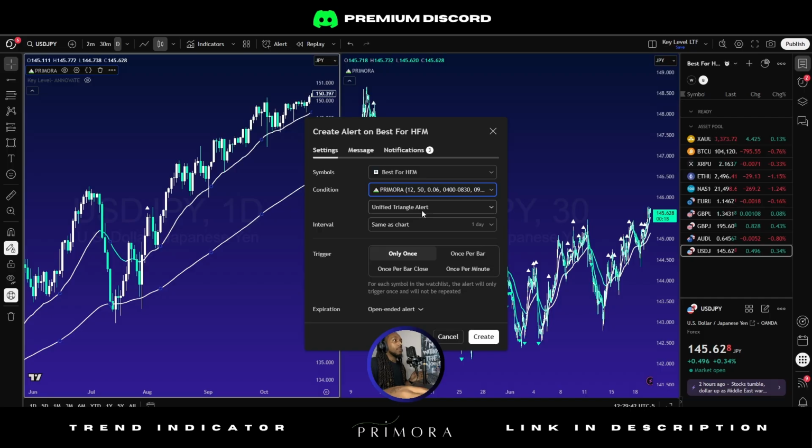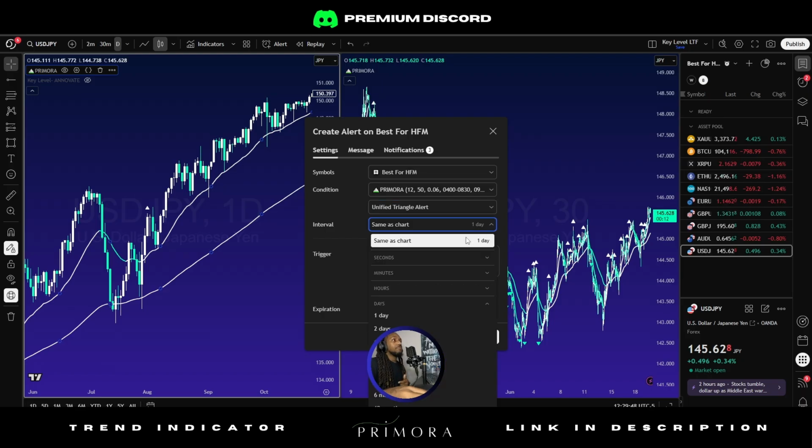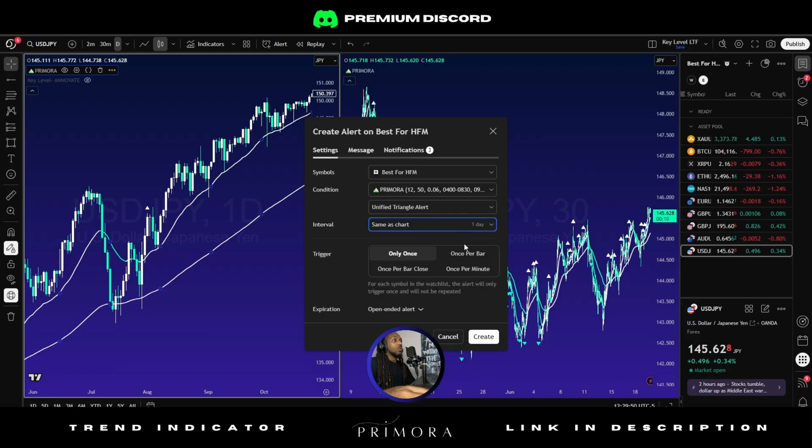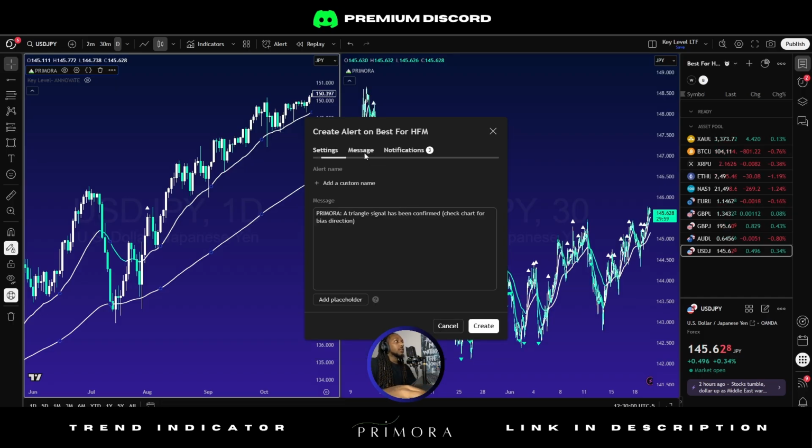Primora, boom, unified triangle alert. So whether it's bullish or bearish, it'll send you the trigger, the alert. You can put it on whatever time frame you want. Press once per bar. Make sure this is on open-ended alert. So anytime there's a bullish plot created, it sends you a message. You can also tailor the message as well.